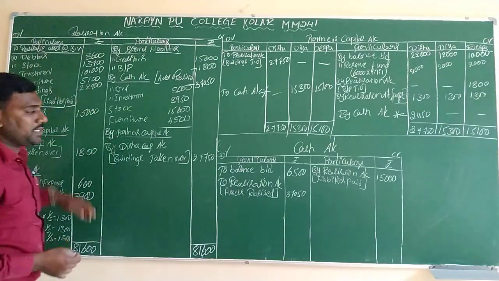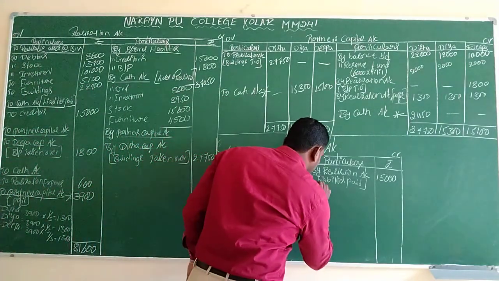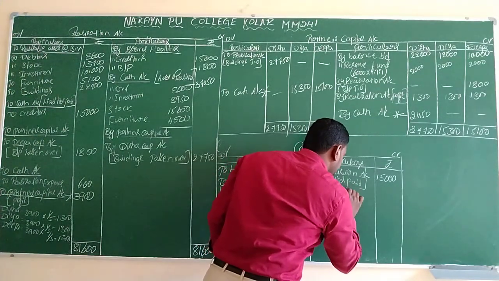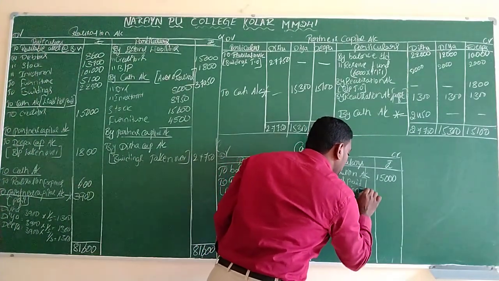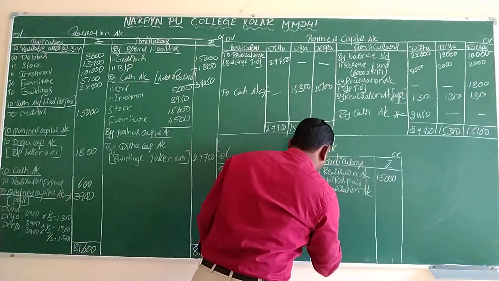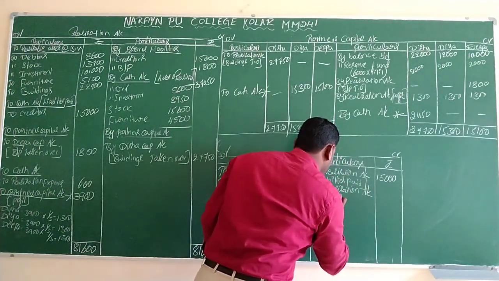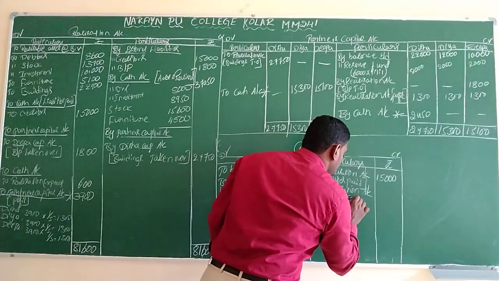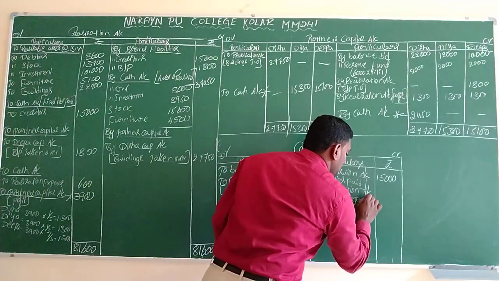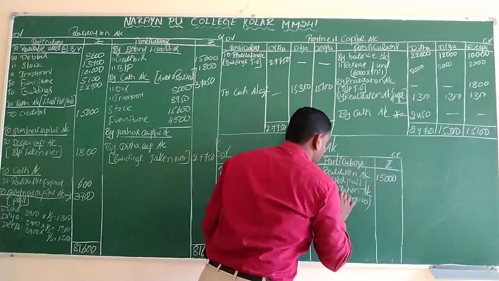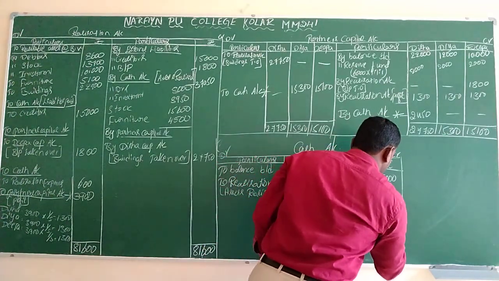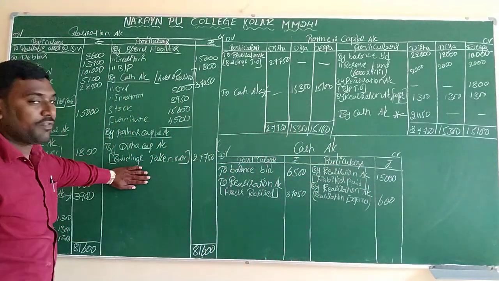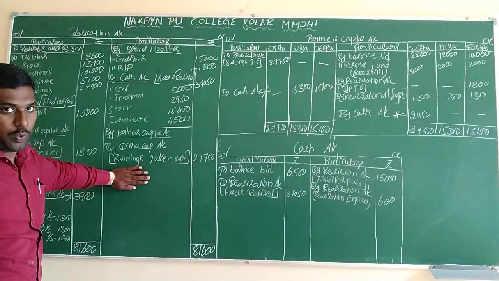So in the credit side of the next account, we will write by realization, in bracket realization expenses, value is 600. So the first account's entire process will be closed.